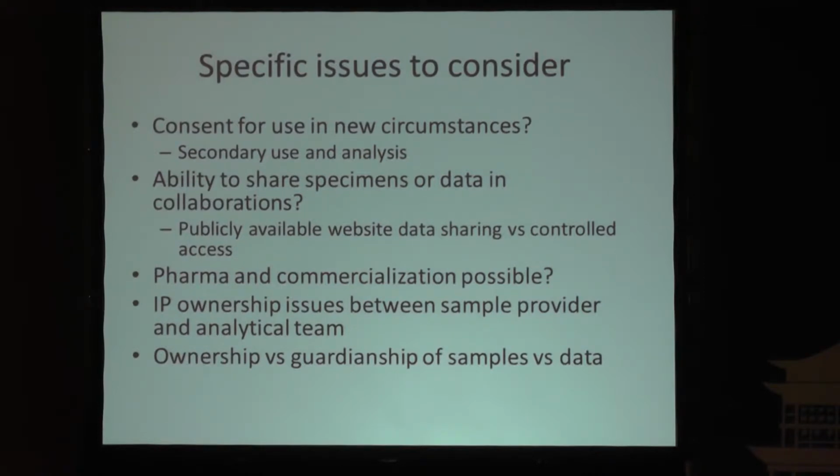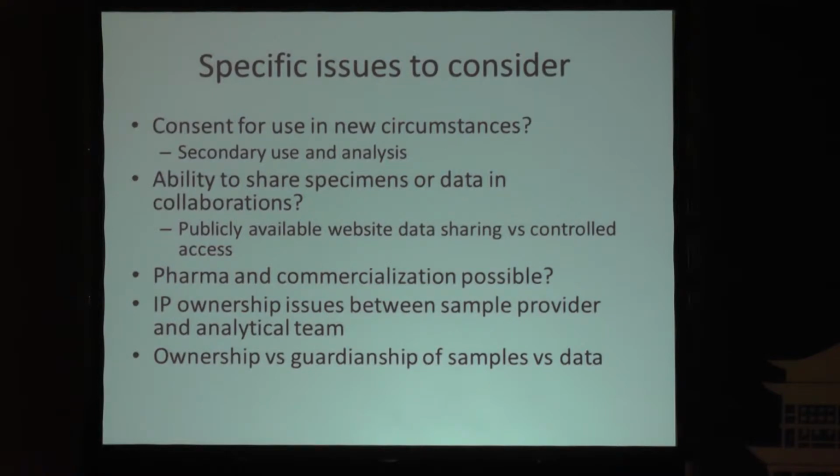You need to understand in some cases whether there are commercialization capabilities involved with the tests that you're doing, because that could have an effect on whether the samples could be used and tested or not from certain centers in certain countries. And then issues related to intellectual property also have to be considered.